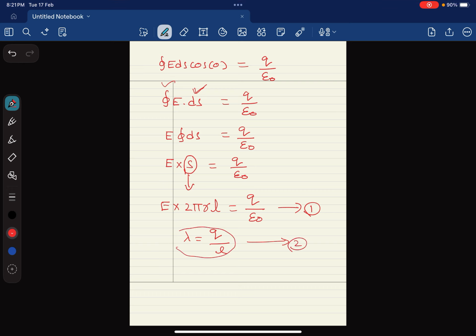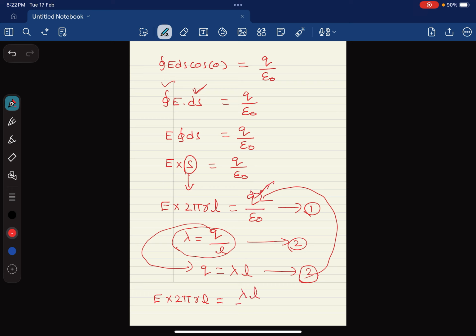From this equation I want the charge formula, so charge is equal to lambda into L. Let us assume this is equation number 3. I'm going to substitute equation 3 in equation 1. E into 2 pi RL is equal to, instead of charge, lambda L by epsilon naught. This is the expression I got.